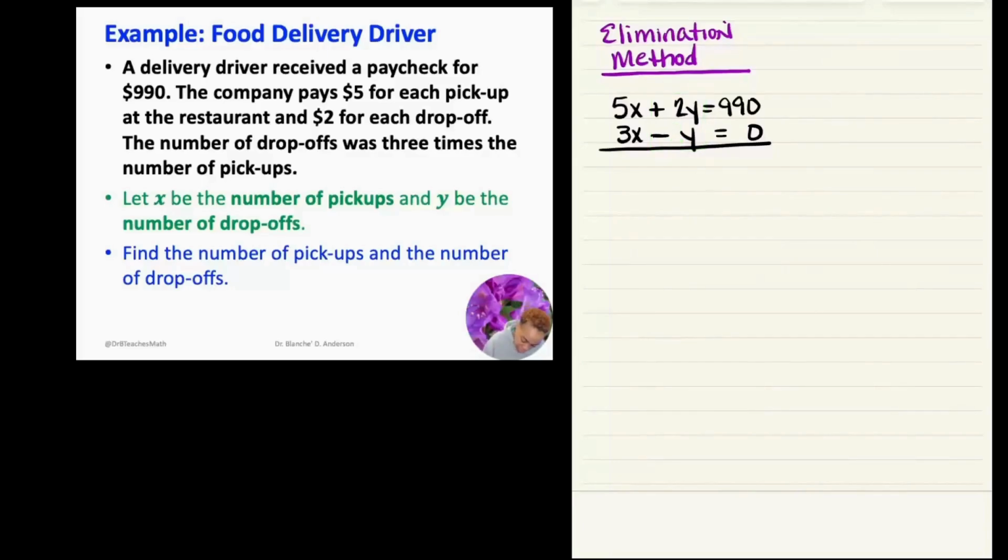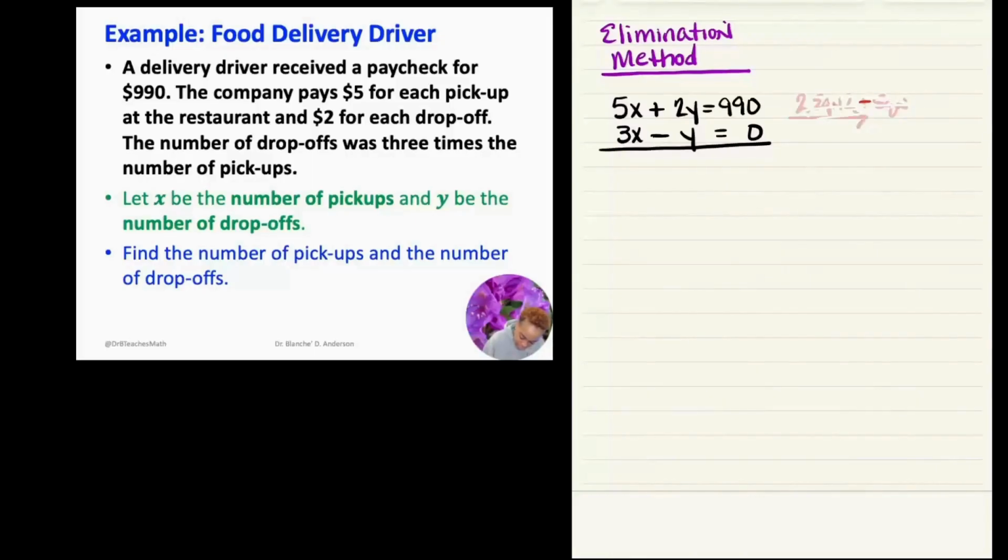So we're going to take 2 times equation 2, and we're going to add it to equation 1.